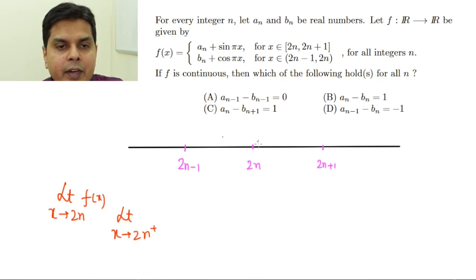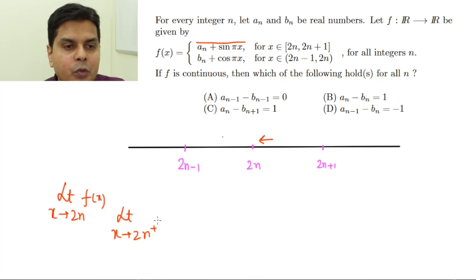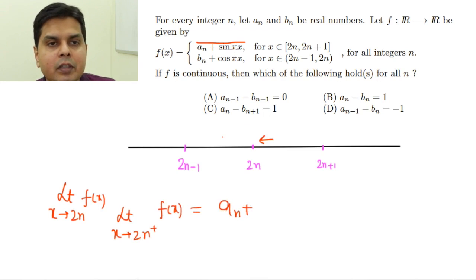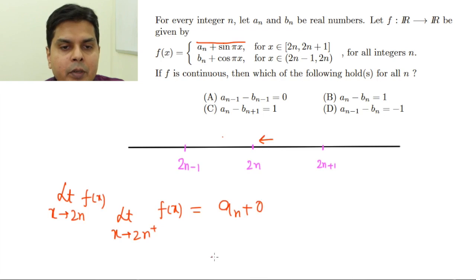If I approach x from this side, then I will have to use this formula, that is an plus sine pi x. So limit x tends to 2n plus of f(x) will be an plus sine 2 pi. What is sine 2 pi? Sine 2 pi is 0, so an plus 0.